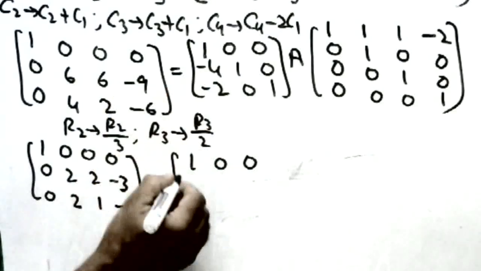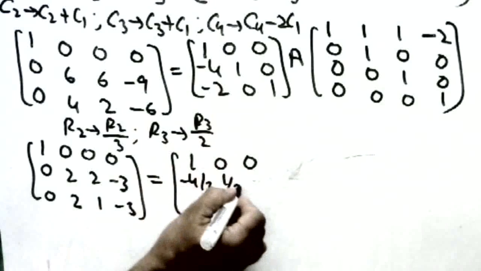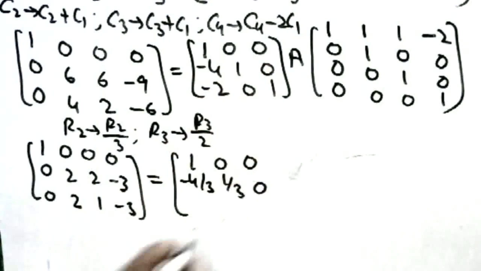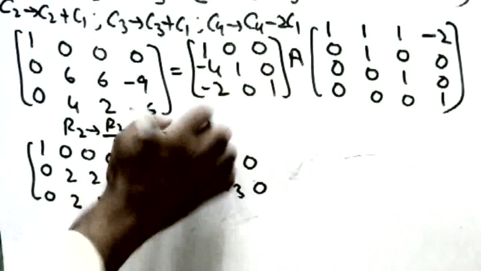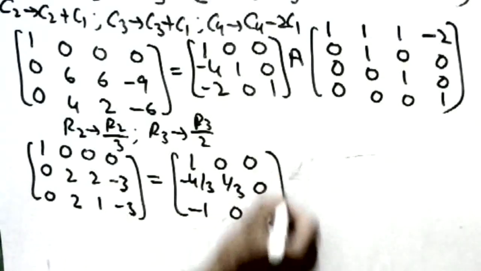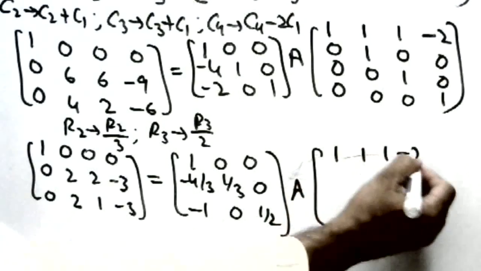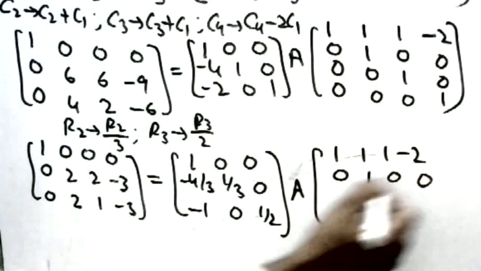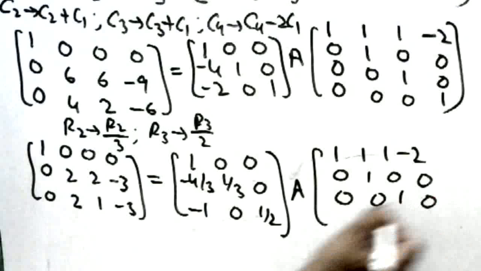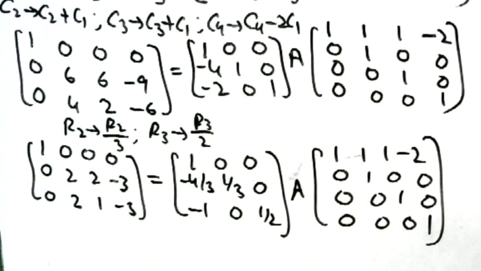We are taking common R2 by 3, so this will be minus 4 by 3 because we are dividing with 3, 1 by 3, 0 means 0. And we are taking common 2 now, so minus 2 by 2, 1, 0, so 1 by 2. Now write this A as it is. So we are left with 1 1 1 minus 2, 0 1 0 0, 0 0 1 0, 0 0 0 1. So let me go for the next step.